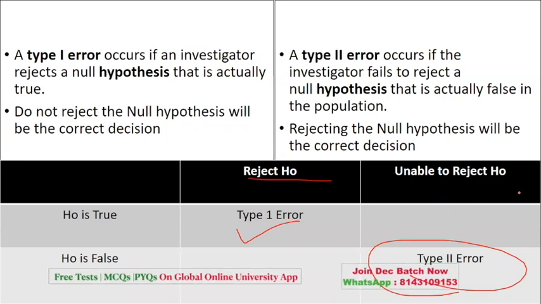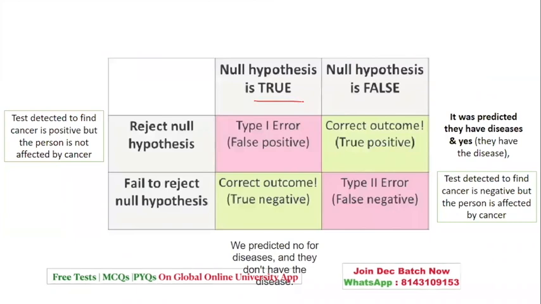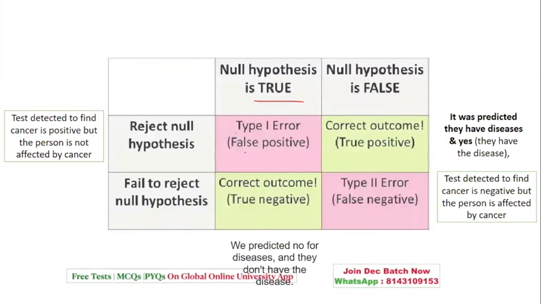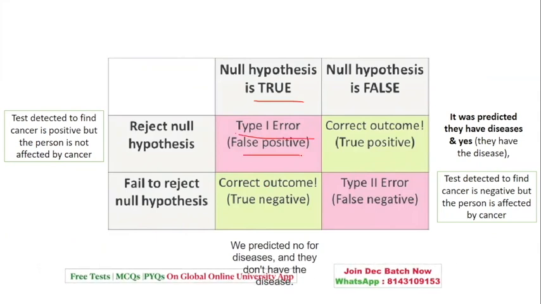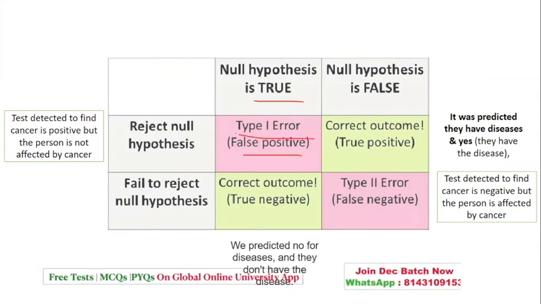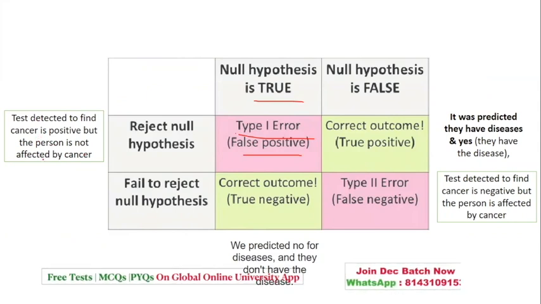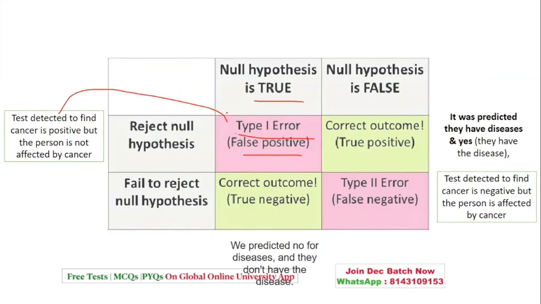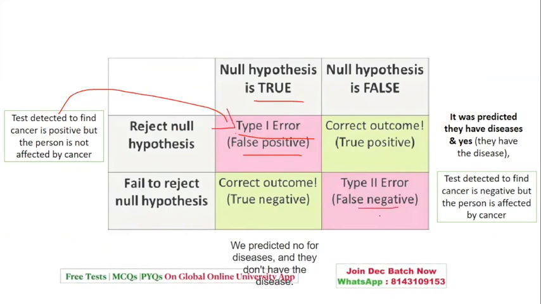Okay, in a little bit more detail I have given over here. A null hypothesis is true, but you have rejected it. That is a false positive. For example, the test to find out cancer is positive, but the person does not have cancer. So it is false, but it is positive. Now it is a false negative.